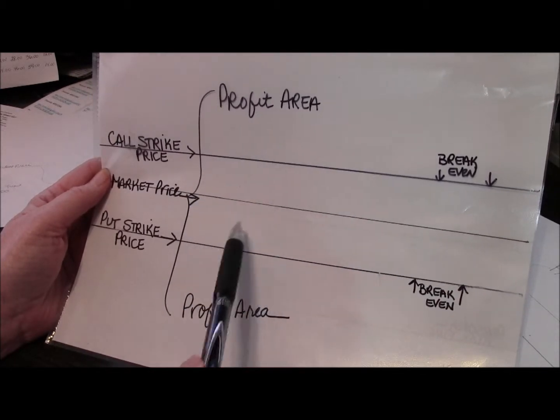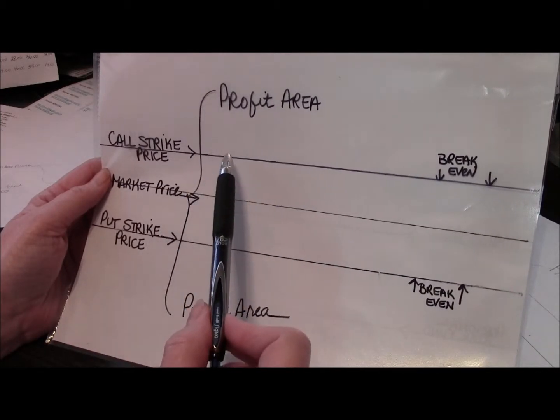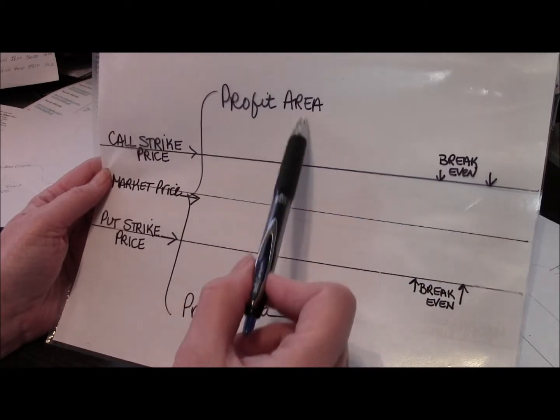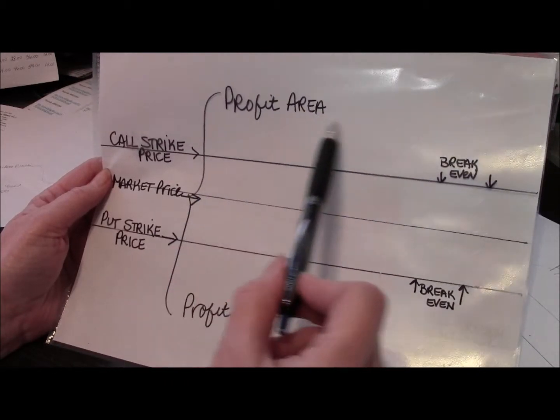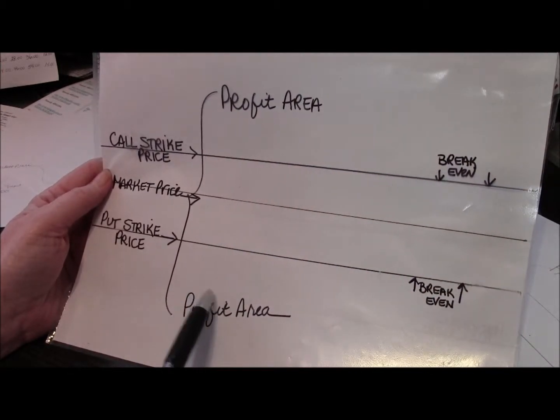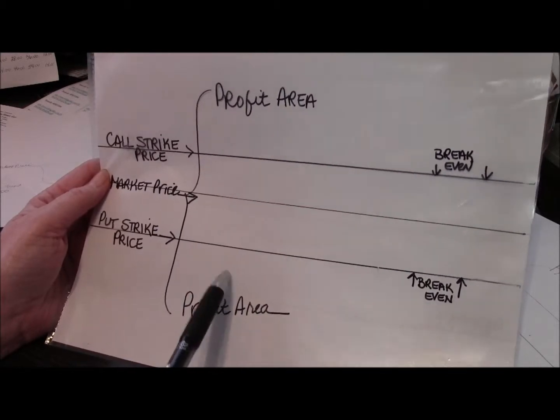Once you purchase the option, the stock price has to go beyond the break-even point in order for you to be profitable. So it has to sell up here, or it has to drop in price down into this profit area.